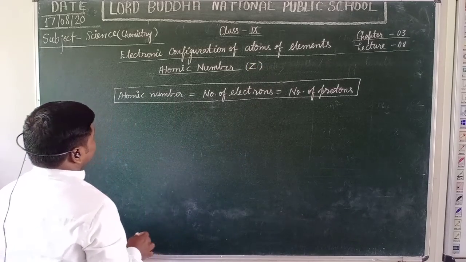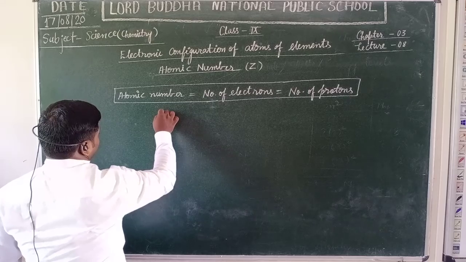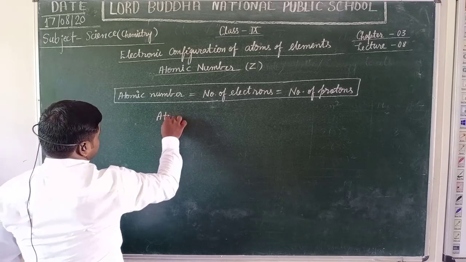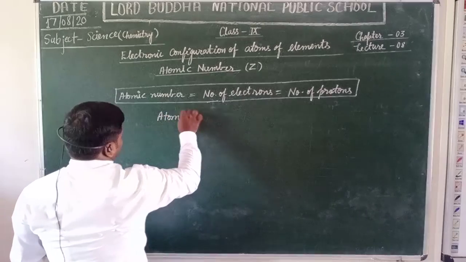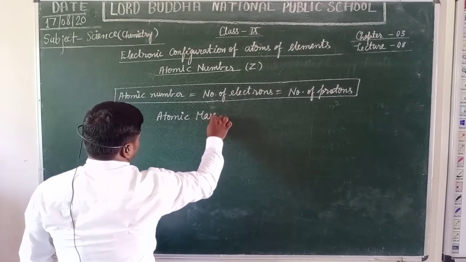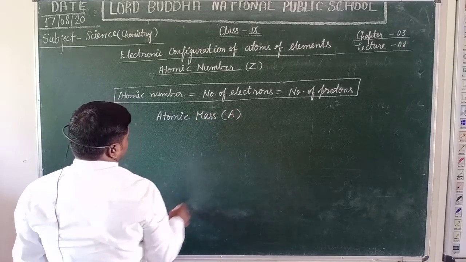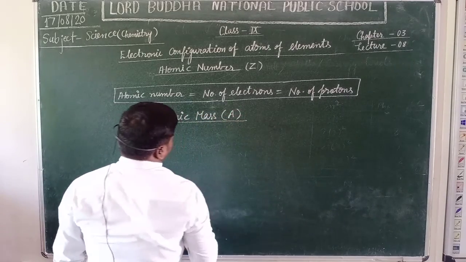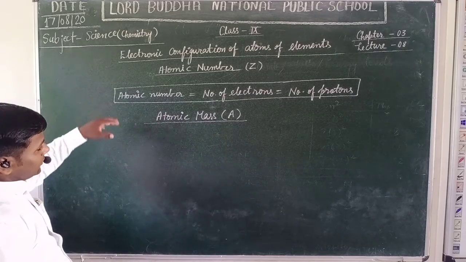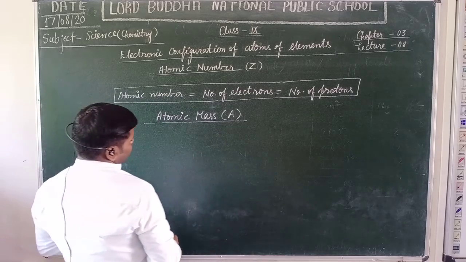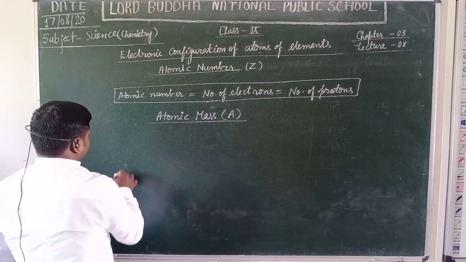Now, students, we are going to learn about the atomic mass. Atomic mass or mass number. It is denoted by the capital letter A. Now, students, what is atomic mass?